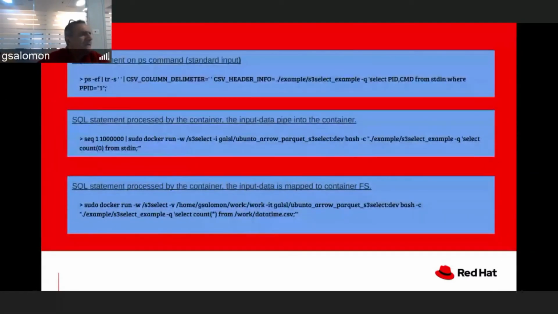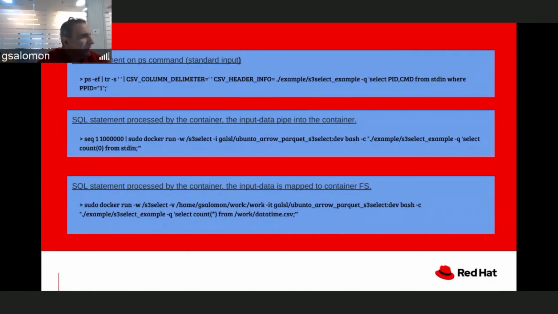The first SQL statement is running on the standard output of the ps command. And as you can see, you can define what the column delimiter is. In this case, it's blank, and also define that there is CSV header info.